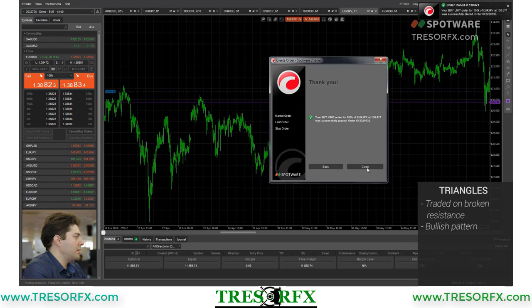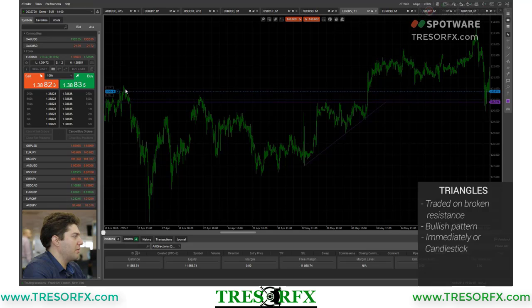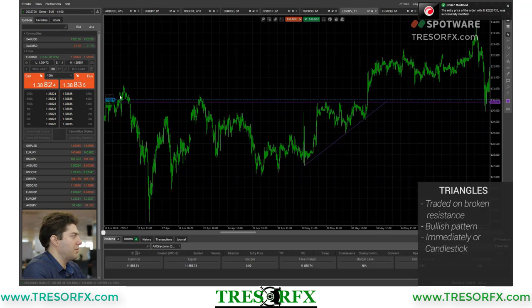Let's create another limit order. So we're going to trade it immediately after the break. If we wait to trade it after the complete candlestick, it's going to be very high, so we're going to actually miss the signal. So in this case, it's the only way that we can trade it. There was no retest, so we either trade it here or we miss it.